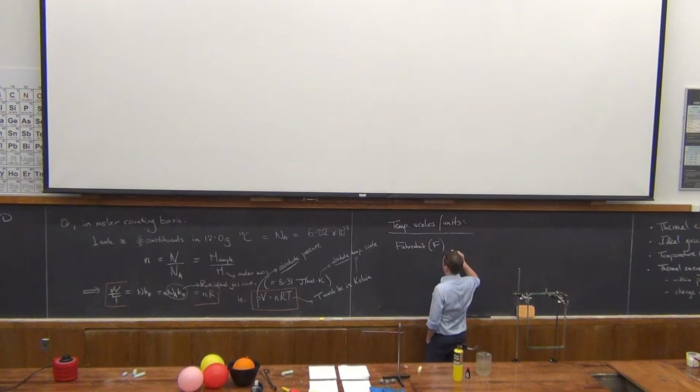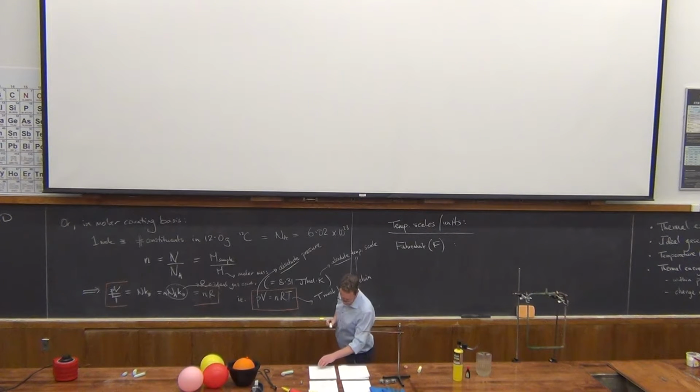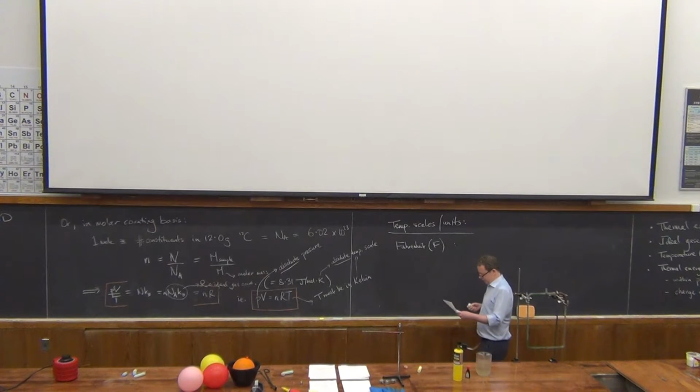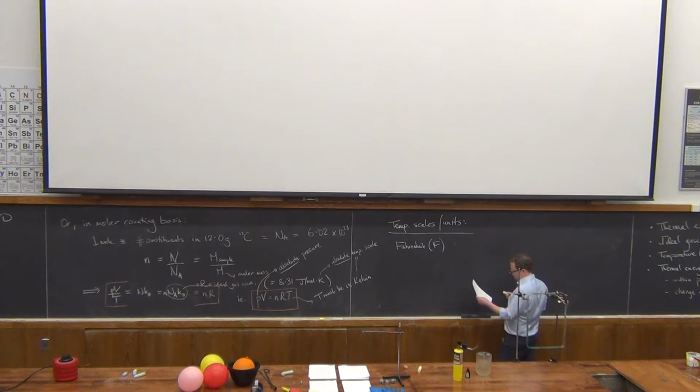symbol F. This is what here in the US we tend to use most commonly. So this is a scale that has the following kind of definitions. There's interesting history behind all of these, which you can read about if you're interested.